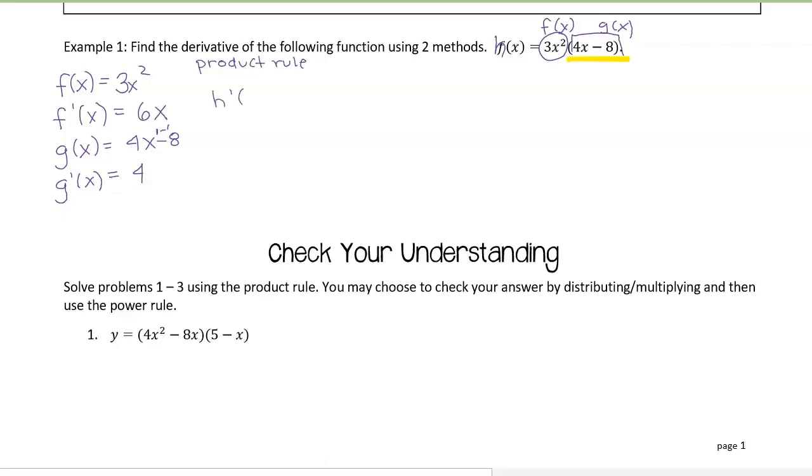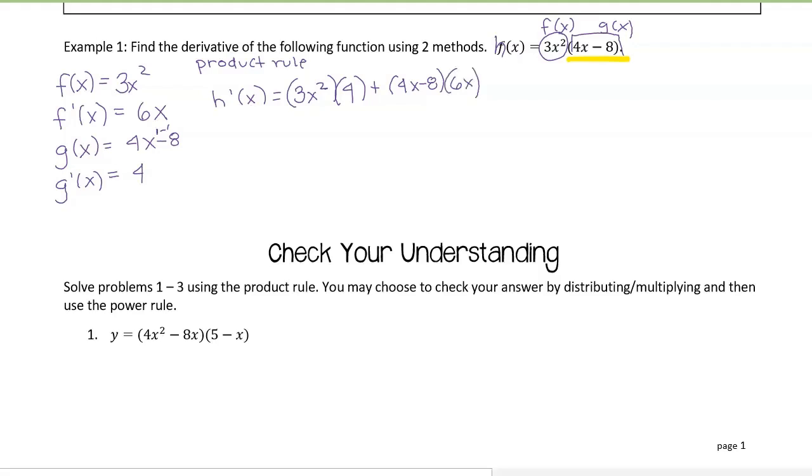H prime of x is going to be the first function, the f of x, 3x squared, times the derivative of the second, which is 4, plus the second function, which is 4x minus 8, times the derivative of the first function.